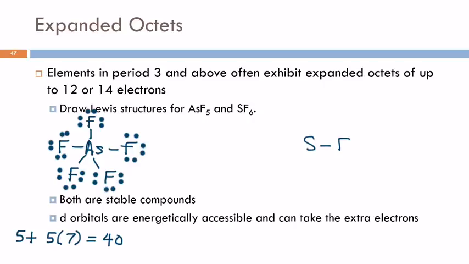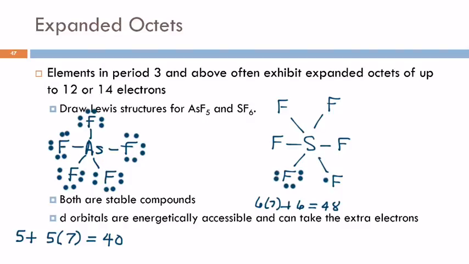Sulfur in the middle. Six fluorines. Six fluorines times 7 plus how many for the sulfur? 6. So that's 48. I'm going to spare you listening to me count.